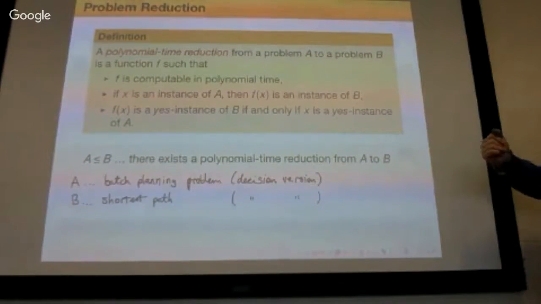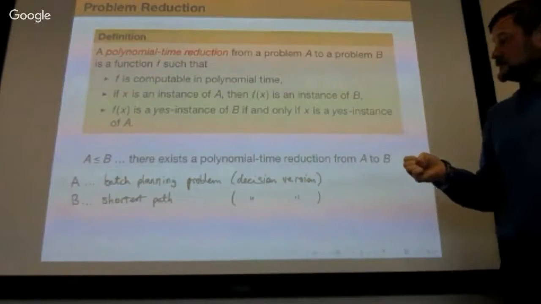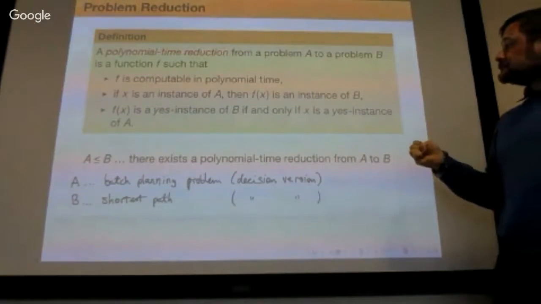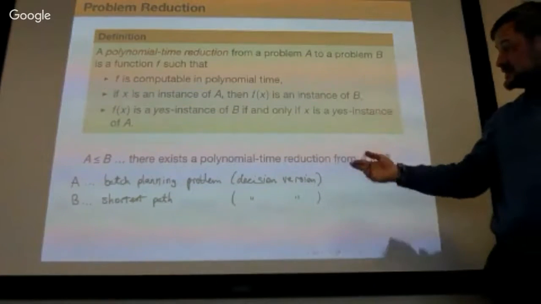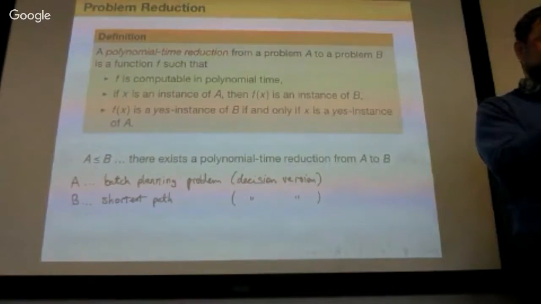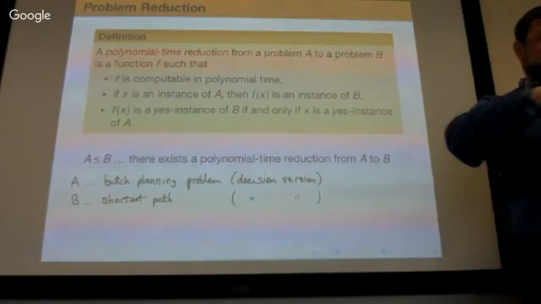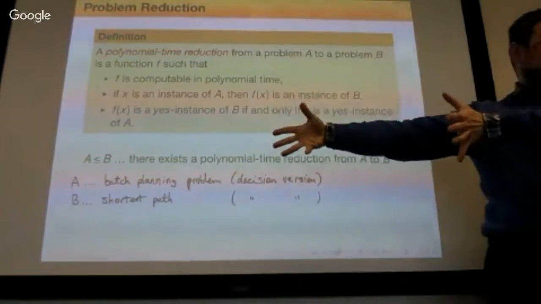And what we want is that for it to be a real reduction, if the answer was yes on some input, then we want the answer to be yes on the input that it spits out.